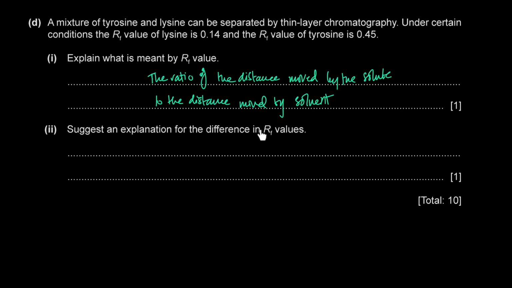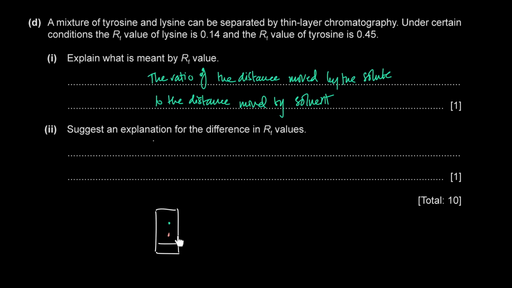Suggest an explanation for the difference in RF values. So the question is asking why tyrosine has a larger RF value, or why lysine has a lower RF value. We have to explain that. So what could be a reason why lysine has a lower RF value? Why is it traveling a shorter distance? In thin layer chromatography, the shorter the distance a solute moves, the more strongly it is attracted to the stationary phase.